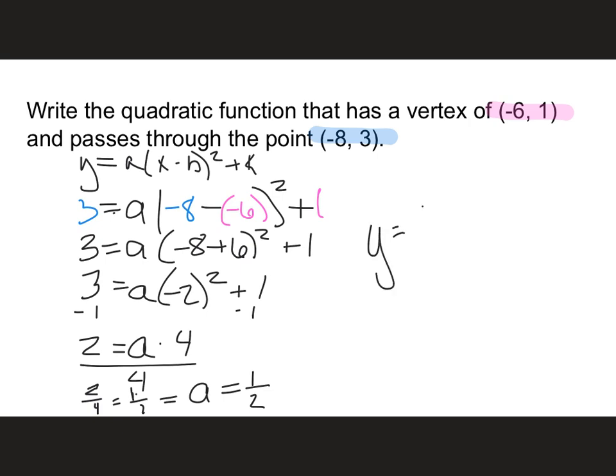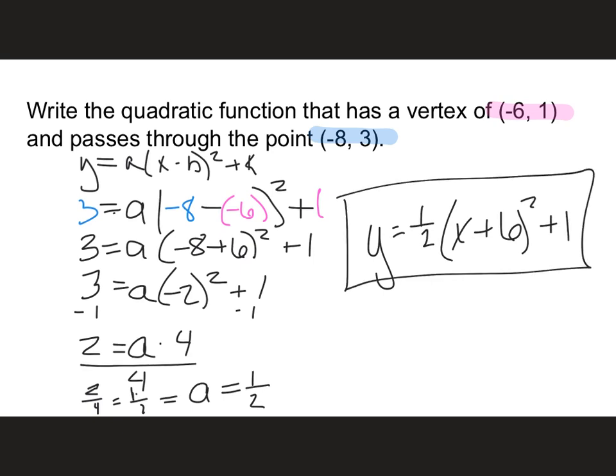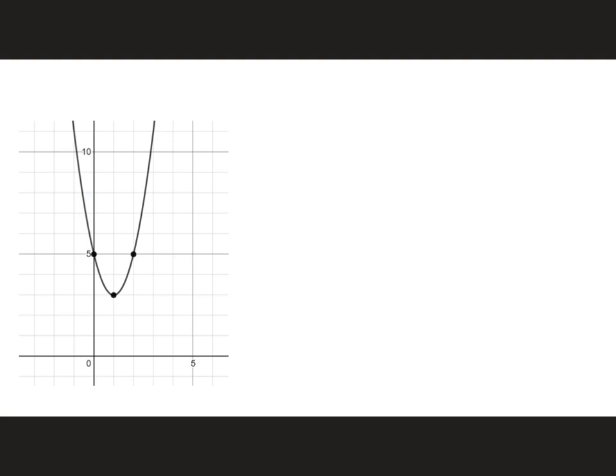Now I can write my final form in vertex format. So y equals 1/2 times x plus 6 squared plus 1. Now this example may look different because it's on a graph, but it really isn't any different at all. It's just how you get the information that is different. So we're going to have to identify the vertex ourselves. So the vertex is at 1, 3.